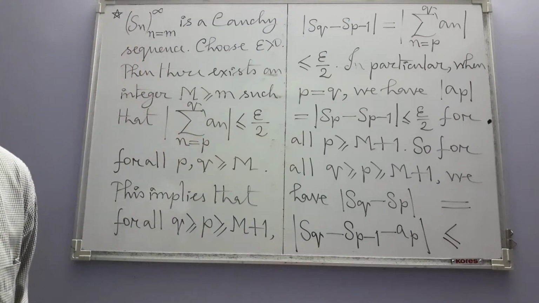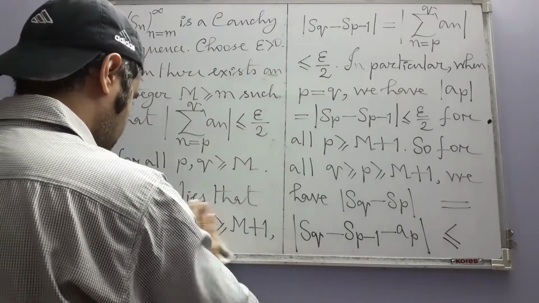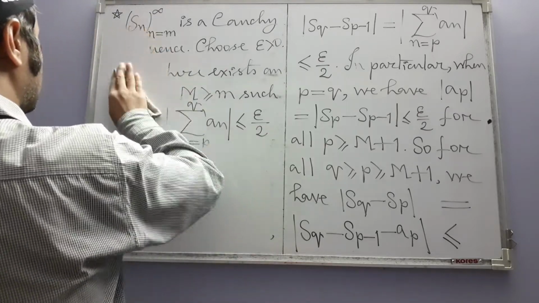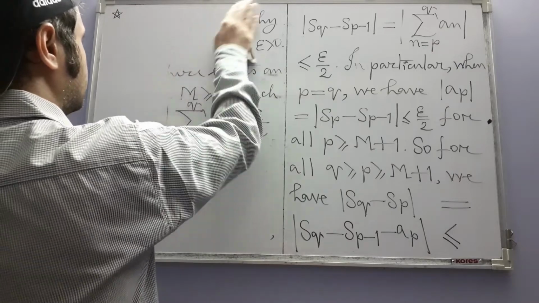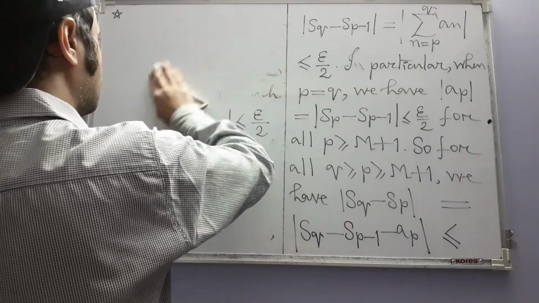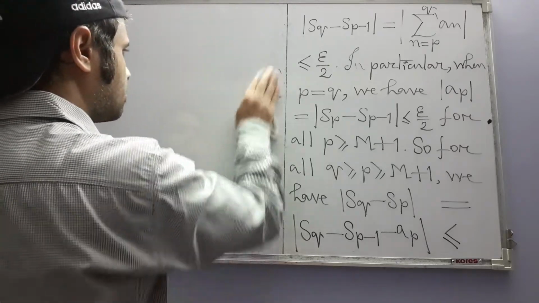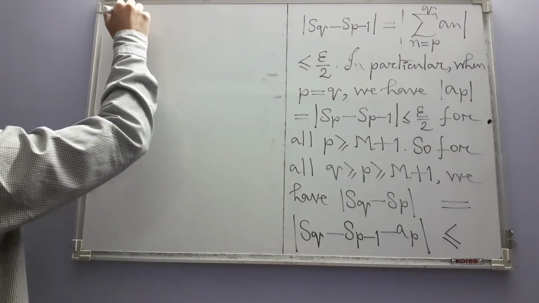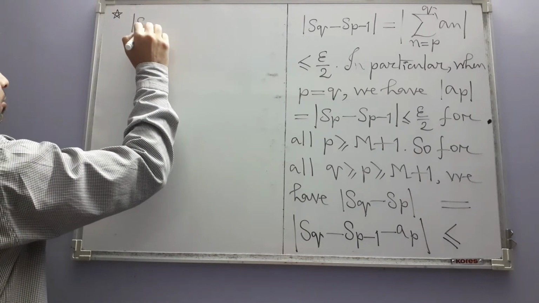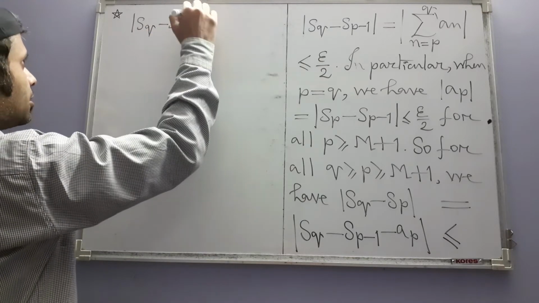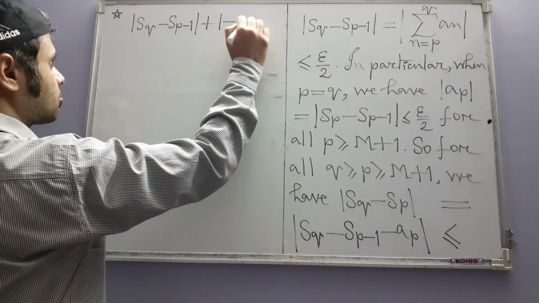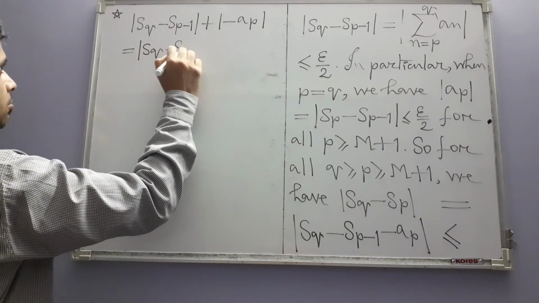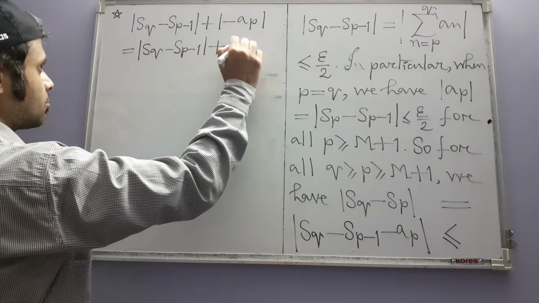So this thing is less than or equal to SQ minus SP minus 1 plus, let me show it fully, plus AP.